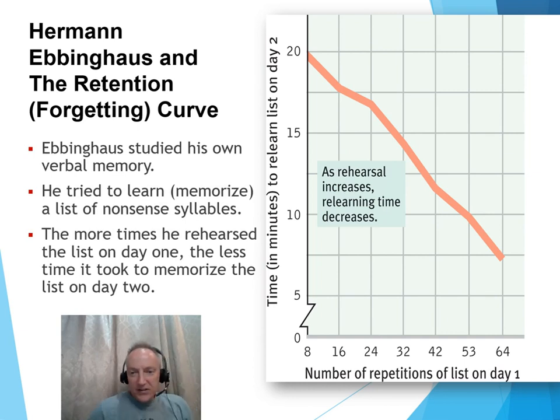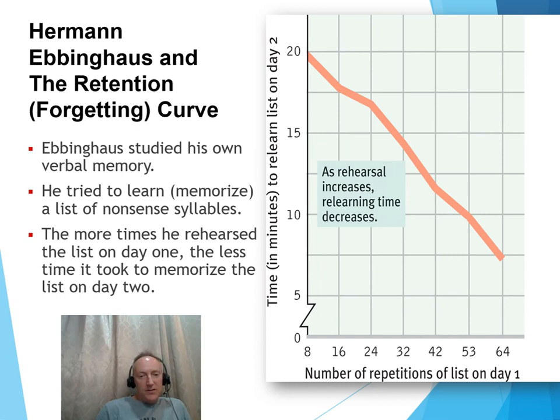He wanted to see what it takes for him to learn and commit to memory something entirely new. To be sure that what he was learning was entirely new, he made up some nonsense words, nonsense syllables, things that were not real words, and therefore he ensured he would have no prior exposure to those words that could help him.